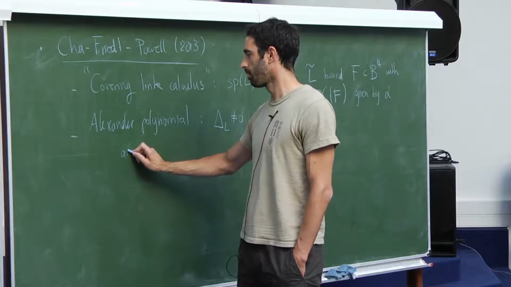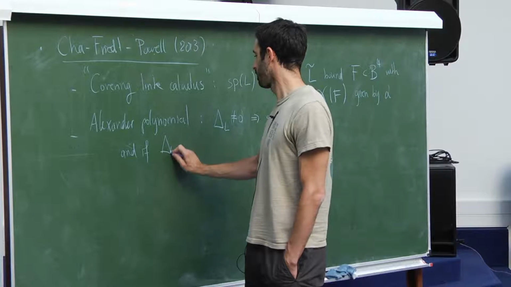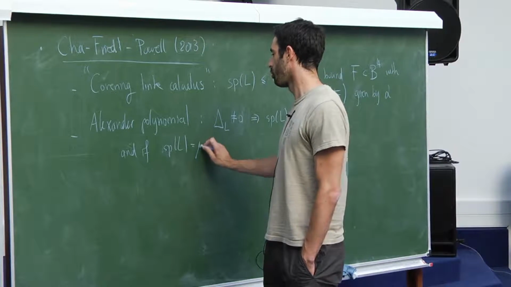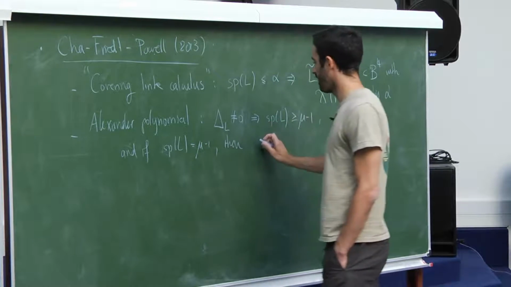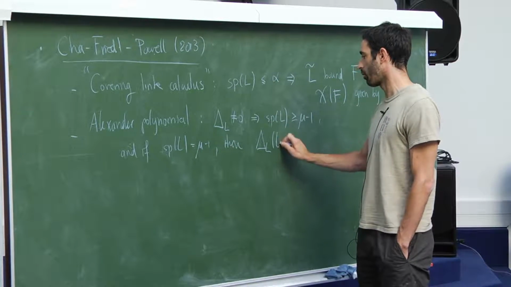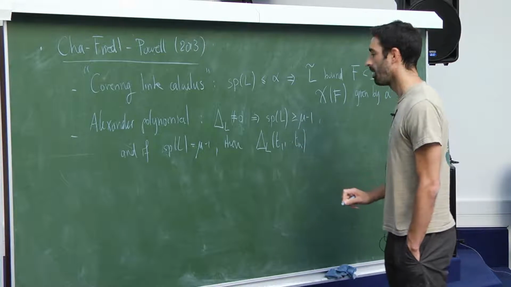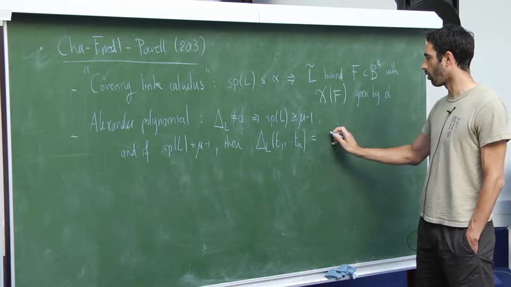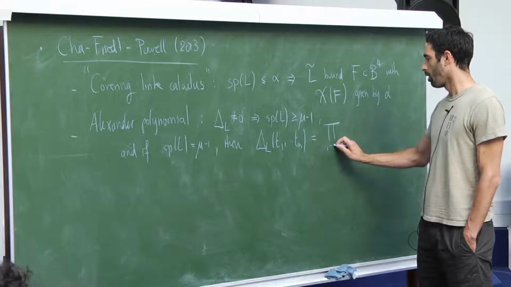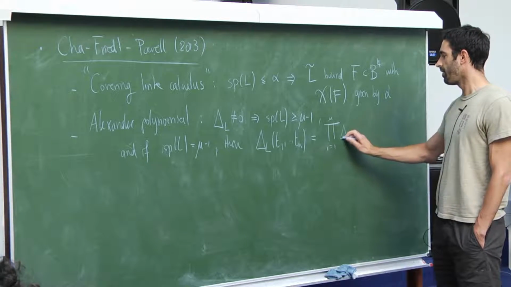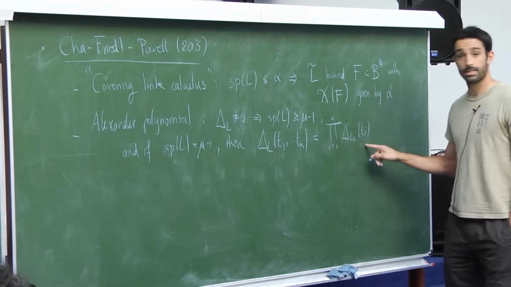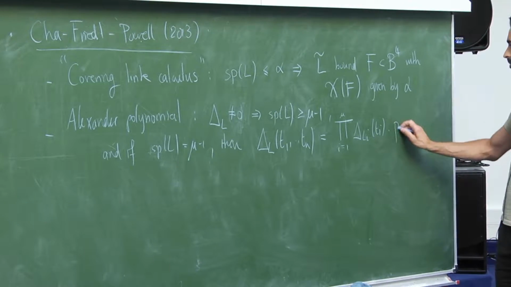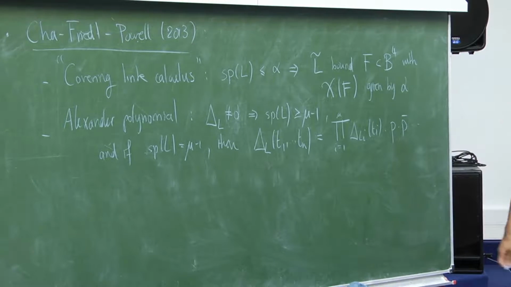Furthermore, if the splitting number is equal to mu minus 1, then the multivariable Alexander polynomial is of a very specific form. Again I will not state the whole thing, but basically it's of the form of the product of the individual Alexander polynomials of each of the components times a norm, basically, times p times p bar and some other factors. But anyway.